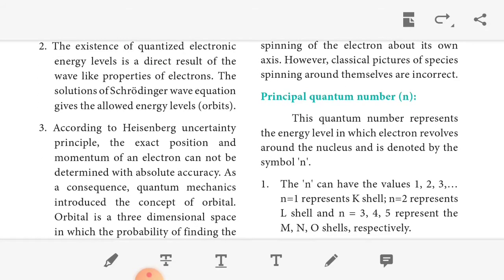Third, according to the Heisenberg uncertainty principle, which we just discussed, the position and momentum of an electron cannot be determined with absolute accuracy. As a consequence, quantum mechanics introduced the concept of orbital.